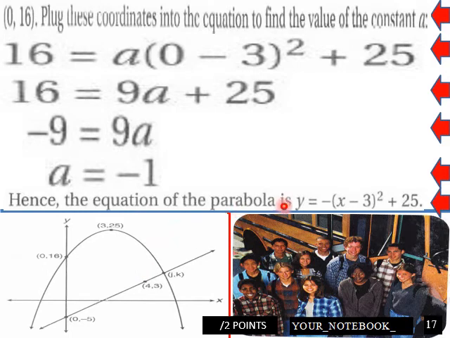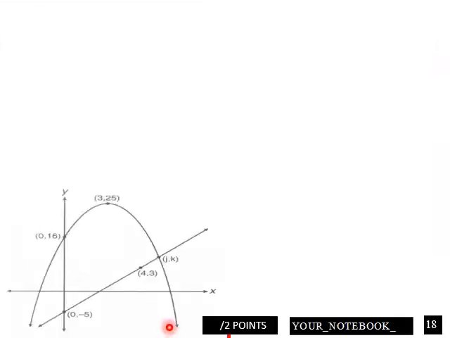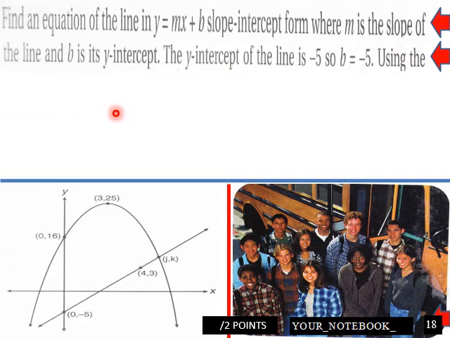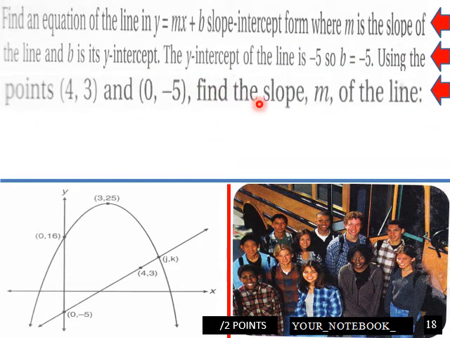Hence, the equation of the parabola is y equals negative (x minus 3) squared plus 20. Find an equation of the line y equals mx plus b, where m is the slope of the line and b is its y-intercept. The y-intercept of the line is negative 5, which is down here.